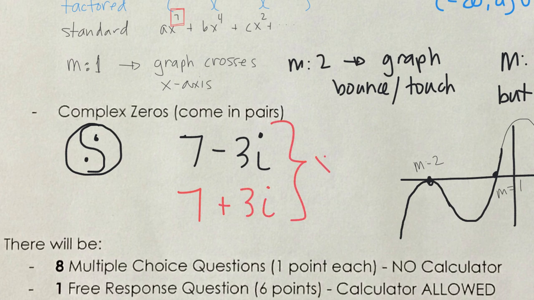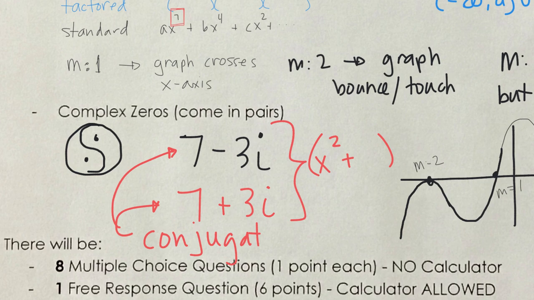And these always come from an x squared type of function. Because you don't get an imaginary number unless you are dividing by or taking the square root of a negative. Okay? So remember, these are called conjugates. That's a vocabulary word. One is an addition and one is a subtraction, right? Those two are conjugates of each other.